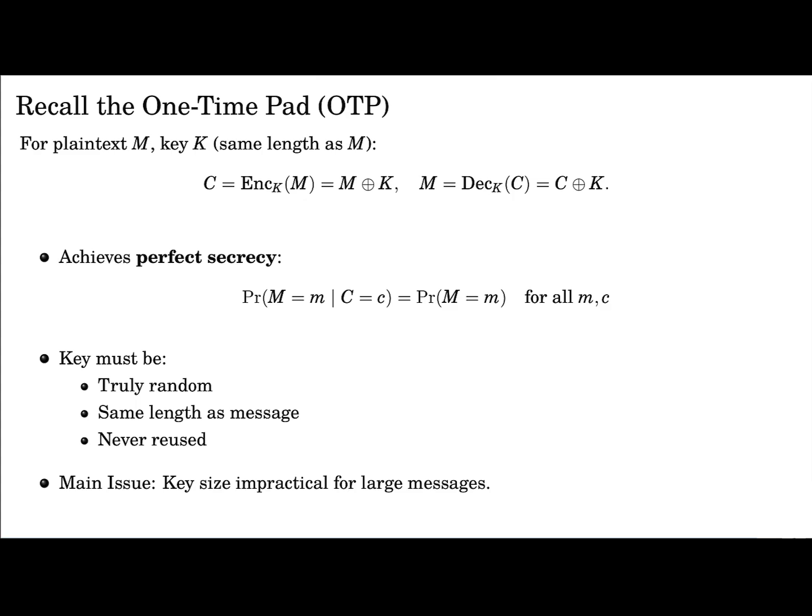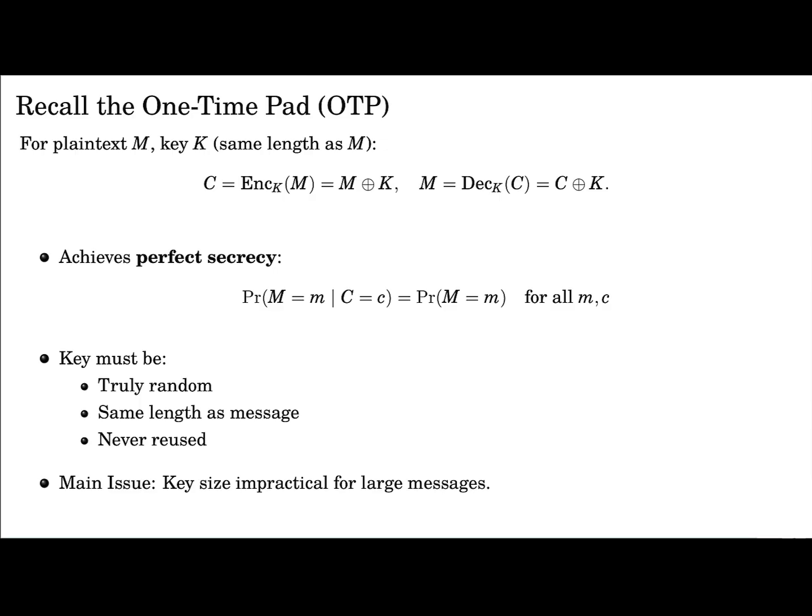But the one-time pad has very strict requirements, right? So we saw the key must be truly random. It must be the same length as the message, and it must never be reused, right? And so the last part is especially important. If the same key is reused, the system can leak information. And so the main issue with the one-time pad is one of practicality.